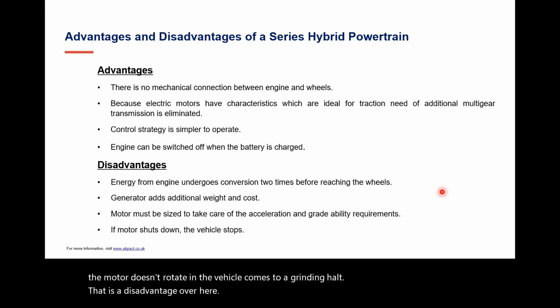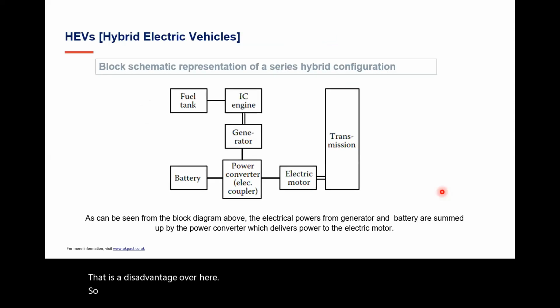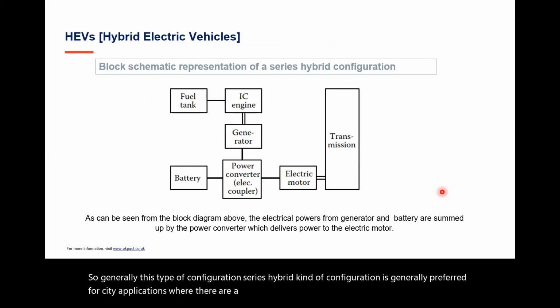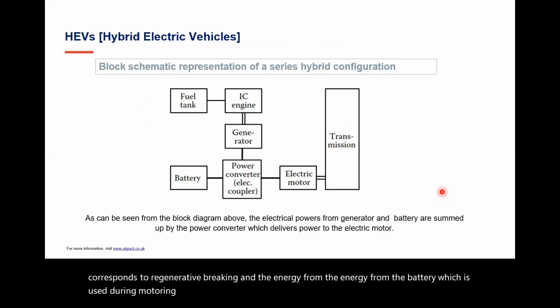So generally, this type of configuration, series hybrid kind of configuration, is generally preferred for city applications where there are a number of starts and stops, because each stop corresponds to regenerative braking, and the energy from the battery which is used during motoring action is replenished by braking action.